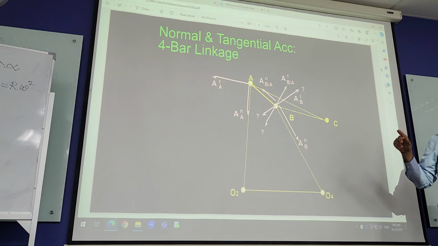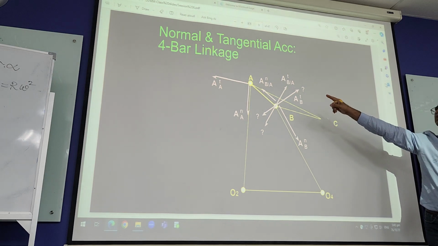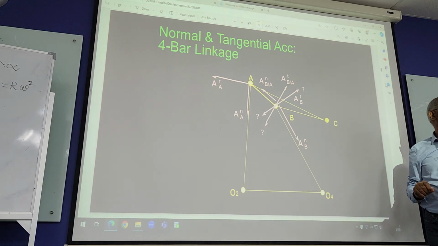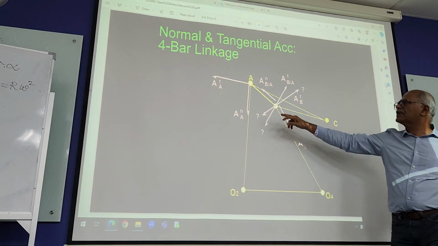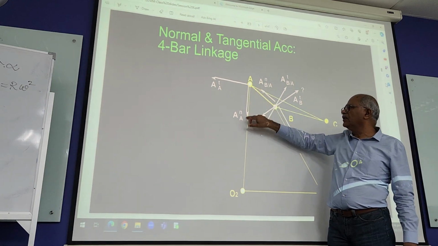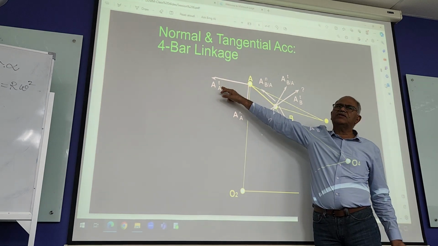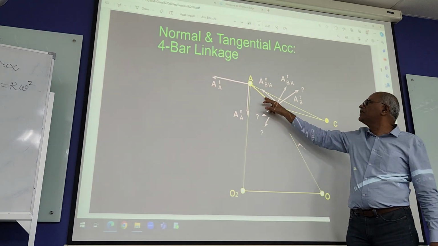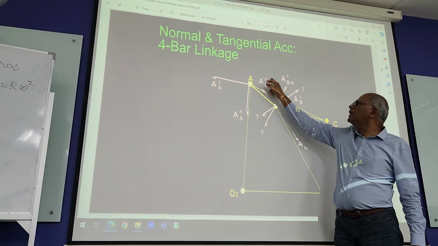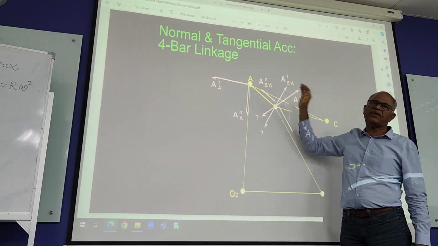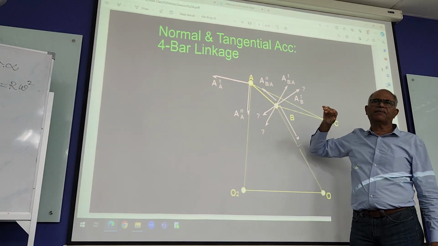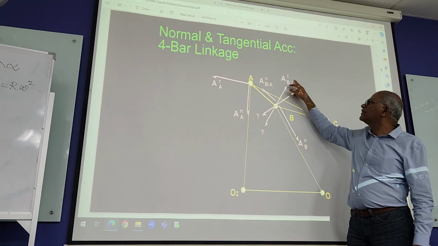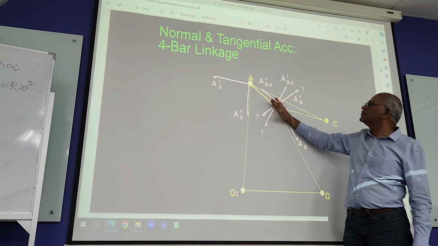So that leaves you, again for point A, the tangential acceleration. Similarly, now identify all the arrows. For example, say point A: normal acceleration is shown, and tangential acceleration. Now this is BA. The normal is in the direction of the link. The tangential acceleration of BA will be perpendicular to BA.